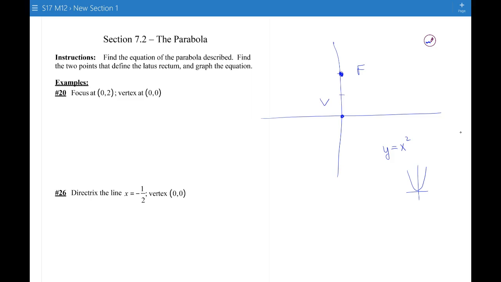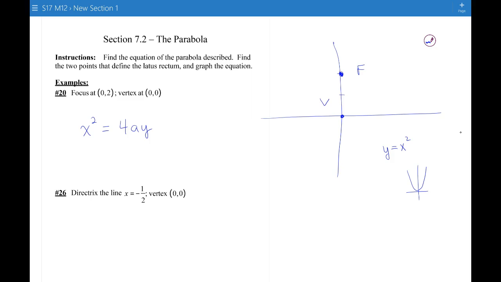So I know what I'm going to write looks something like y equals x squared. But in this case, the x squared is going to be by itself, and I'm going to have x squared equals 4ay. The focus is not a point on the graph, so this equation is not going to be true for the point that is the focus.